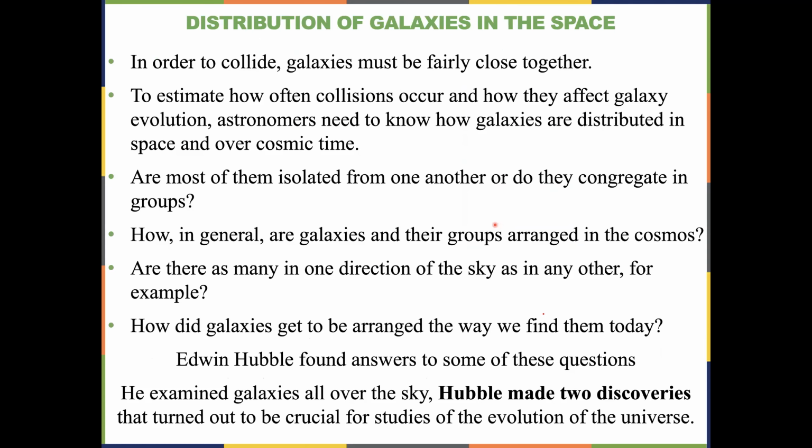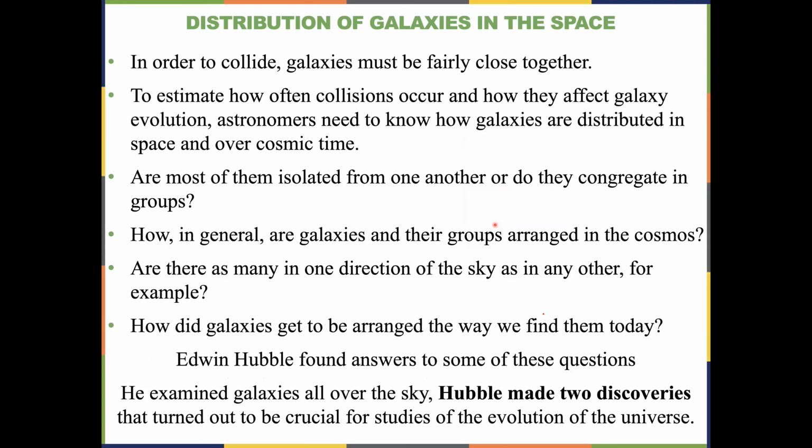Right. Now, with this story about the collision between galaxies, let's look at how the galaxies are distributed in space. One thing that is obvious is that if galaxies collide with each other, they must be fairly close together to have this kind of collision, right?